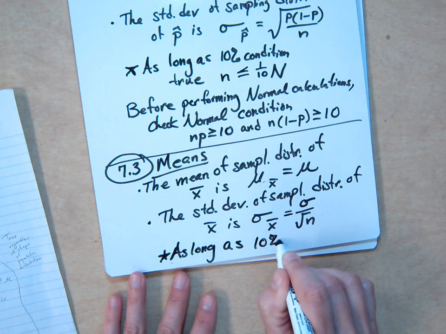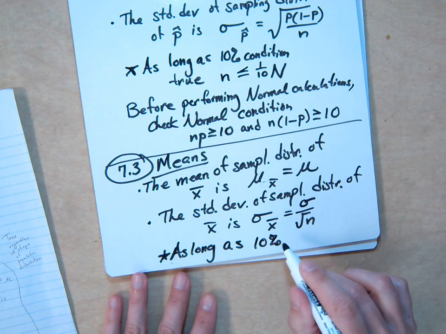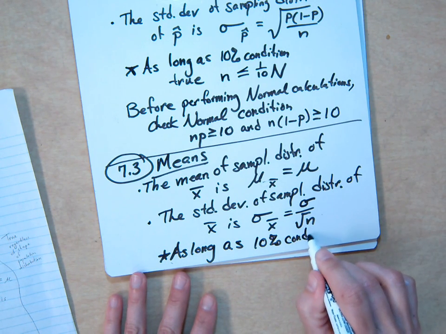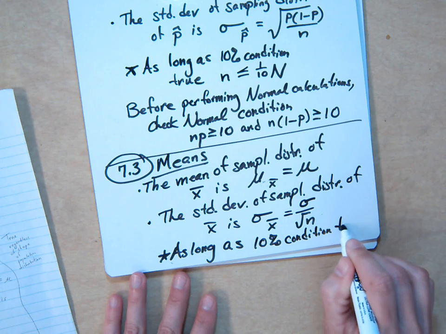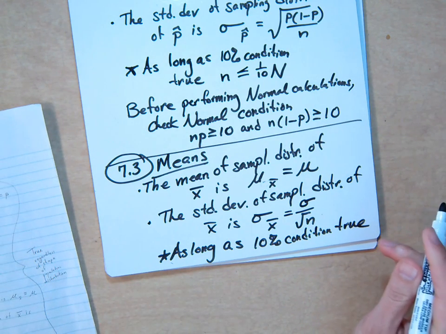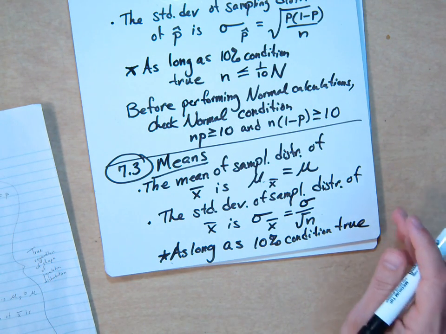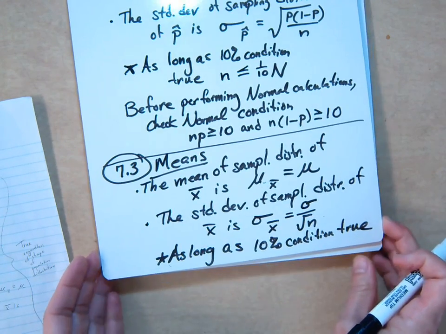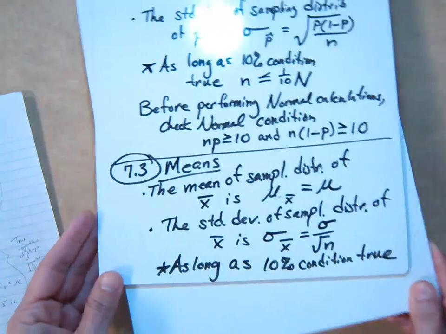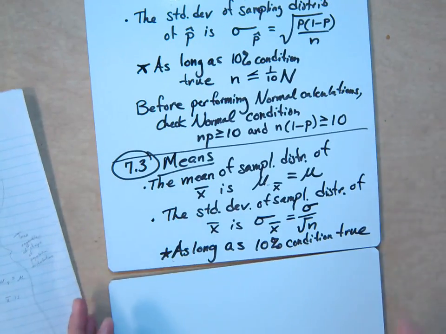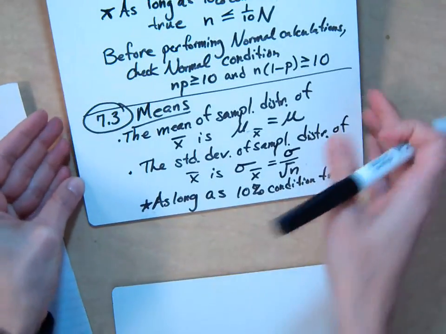So I won't write what the 10% condition is. And then for the normal calculations, you can do the same thing as you did before.